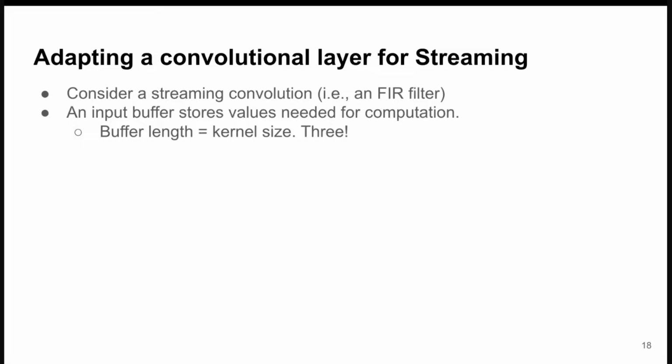Let's try to adapt this convolutional layer for streaming so that we don't break the time-space continuum. So let's go back to basics. When we consider an FIR filter running in a DSP real-time system, we can consider a streaming convolution again as an FIR filter that runs in real time.